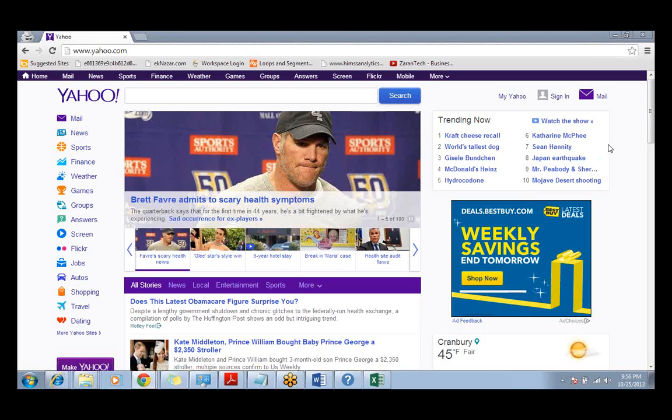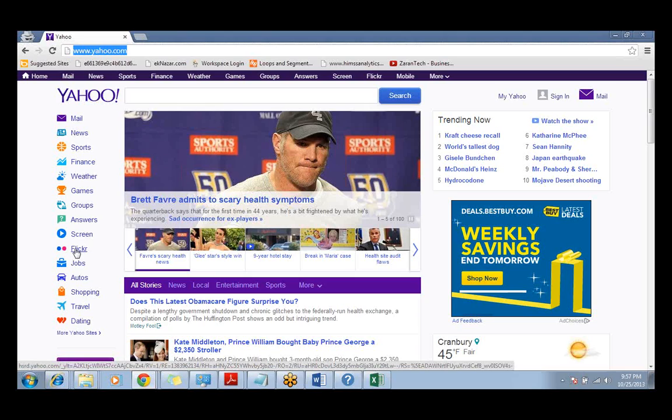Now down the line, after a year or so, they realized there is a new need, a new demand for another enhancement on yahoo.com. What was the new demand? They wanted to show a link for Flickr over here so that when people click on it, a new application gets integrated.